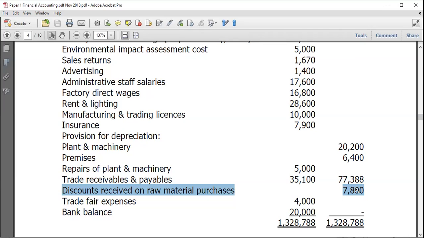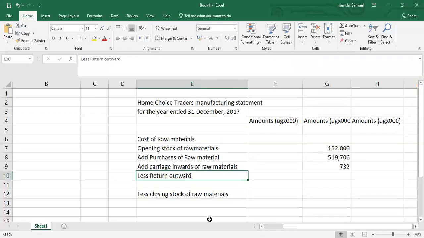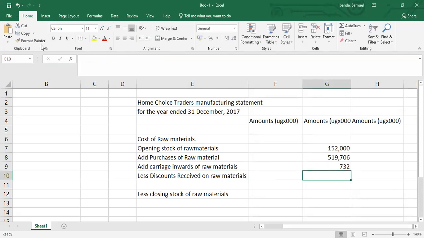So when we are trying to draw up our manufacturing cost statement, we have to come and reduce them. So instead of here, since I don't have this, I'll put less discounts received on raw materials, which I'll put here.